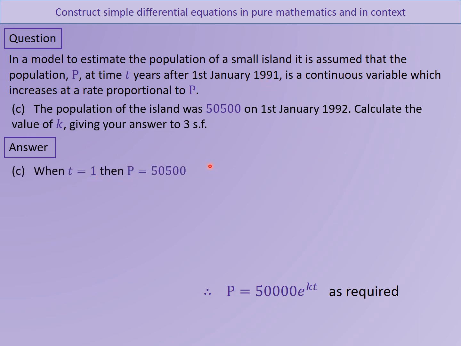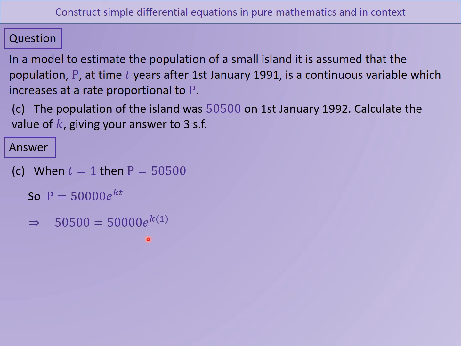So the t value is just equal to 1. Then the population is increased by 50, so I've got a P value, population, of 50,500. I'm going to substitute both of those back into that equation. Okay, so there we go. I substitute them in, the t value, the P value. Obviously the 50,000 is always going to be there. The only thing I don't know is k.